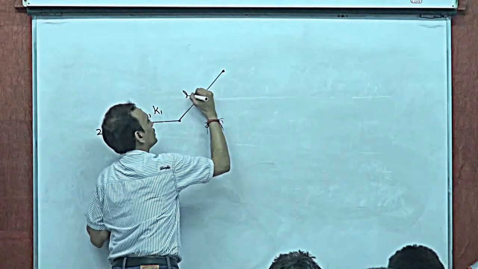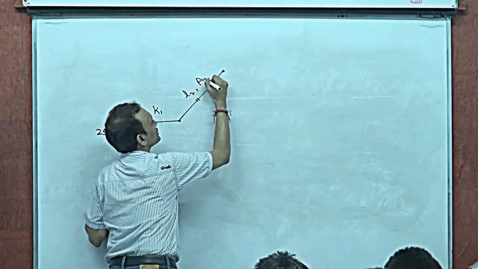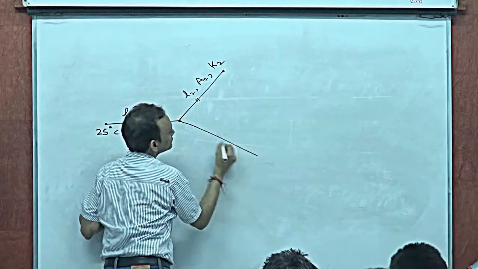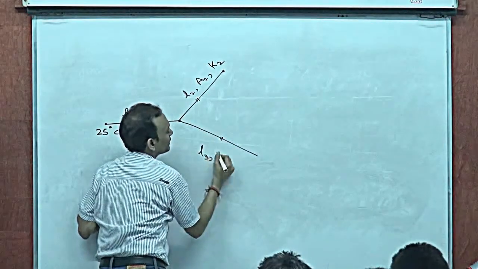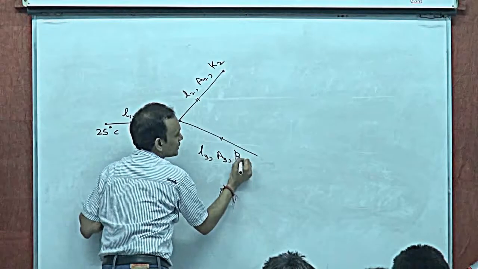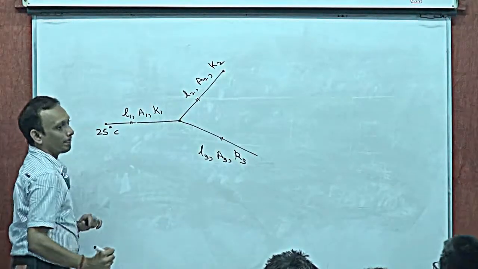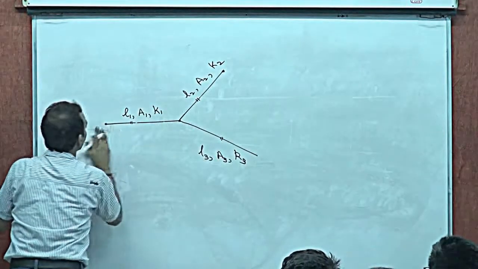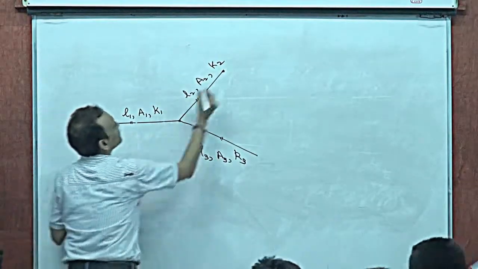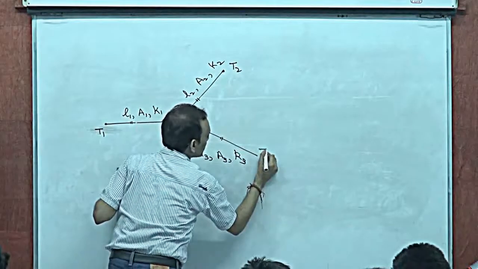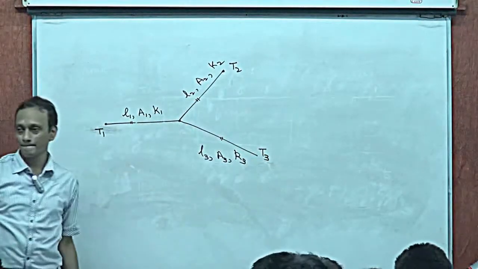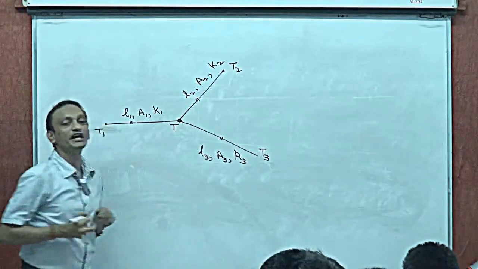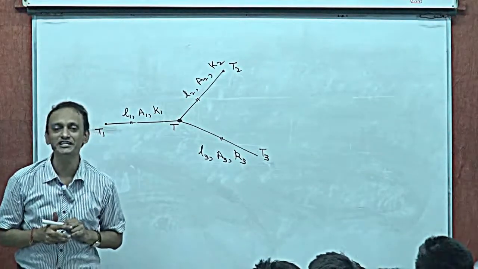This is another rod, length L2, area of cross section A2, thermal conductivity K2. The third rod, length L3, area of cross section A3, thermal conductivity K3. Let me just get very general. Say this is temperature T1, this is temperature T2, this is temperature T3, and I want to find the junction temperature of this under steady state conditions.